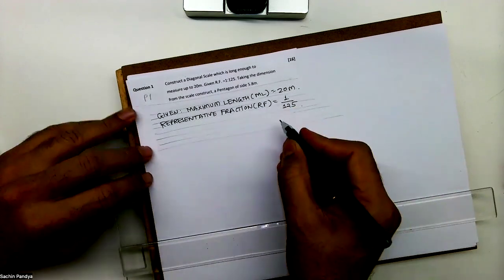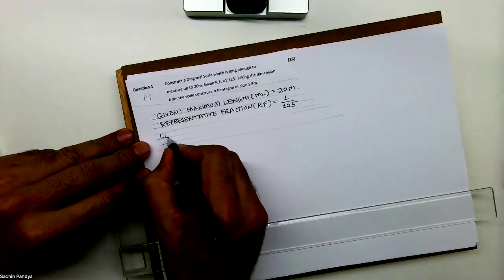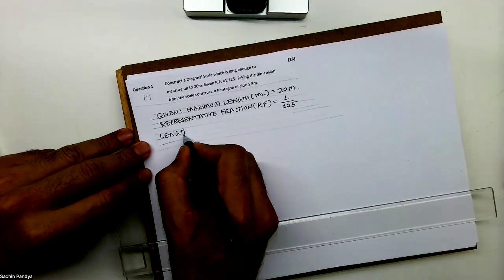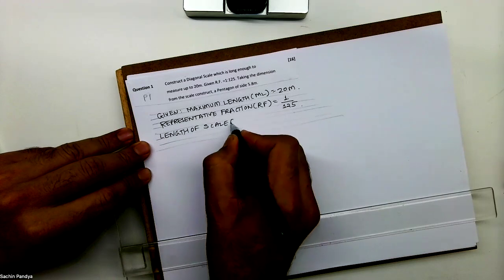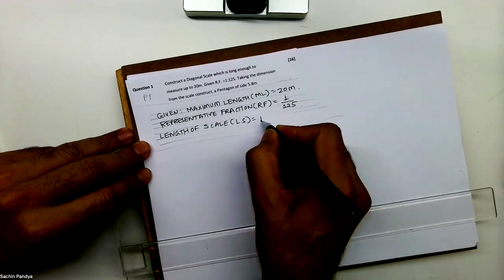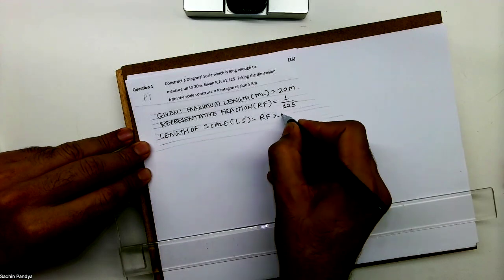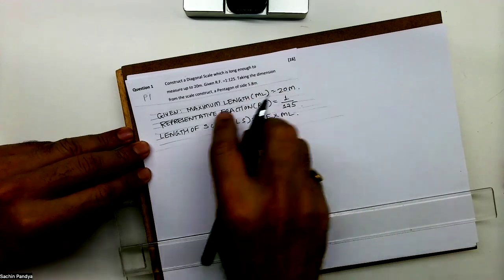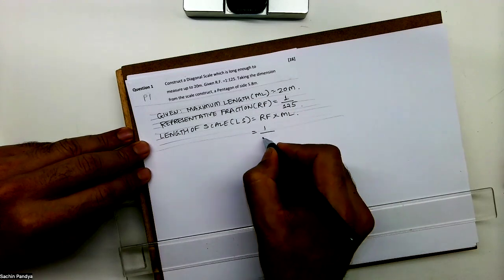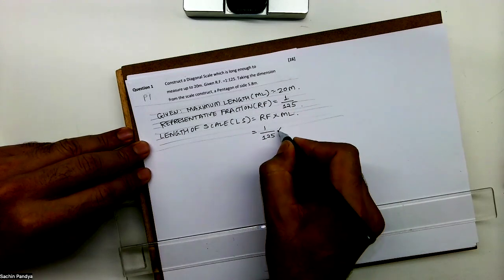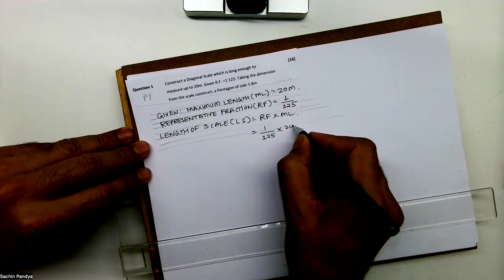Now we need to find the length of scale, right? So we know the formula. Length of scale, that is LS, is equal to RF into ML. Remember, once you write the full form, then you can write the short form. So what is RF? 1 upon 125. What is maximum length? 20 meter.